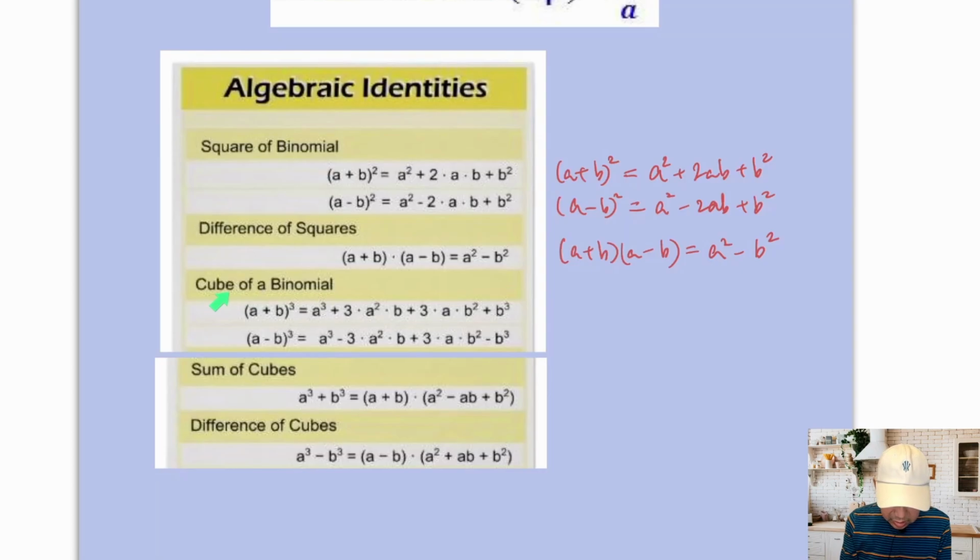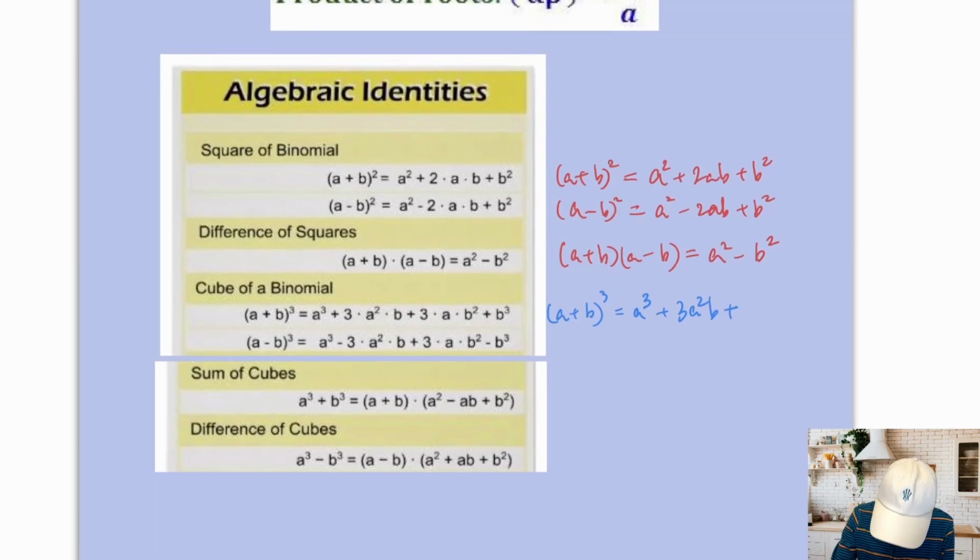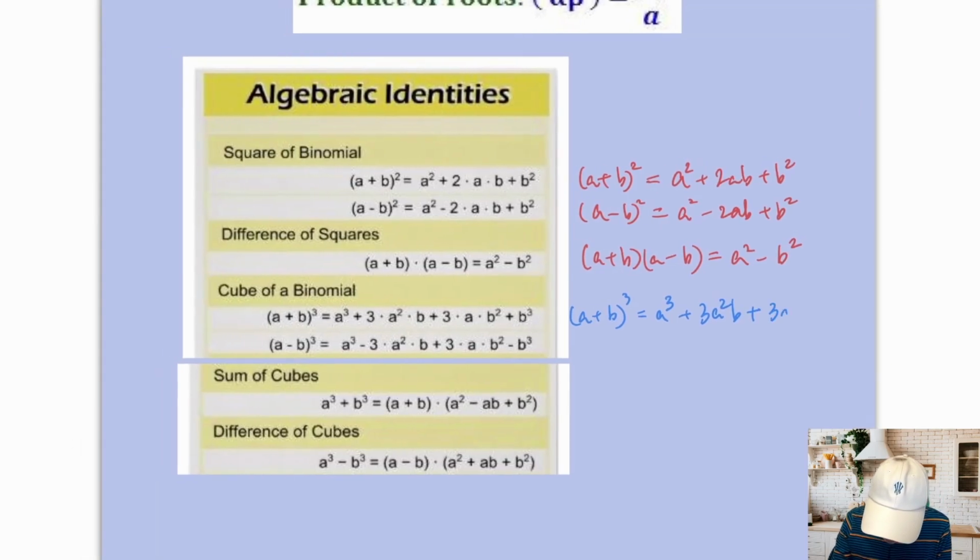This one is the cube of a binomial. Binomial refers to an expression with only two terms. A plus B cubed is A to the power 3 plus 3A squared B plus 3AB squared plus B cubed.